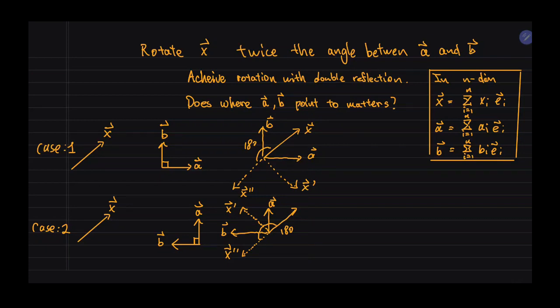So to answer this question, you can see that in case 1 and case 2, the angle between a and b is the same, but they are pointing in different directions. Here we only use 90 degrees, but if you try it for any different angle, where a and b point to does not matter. However, what matters is how a and b relatively point to each other, which fixes the angle between them.